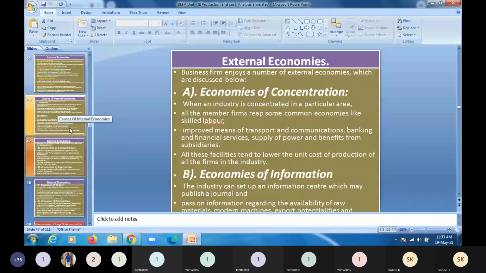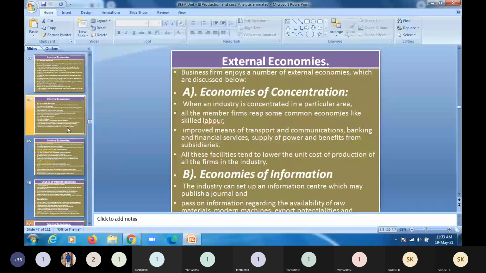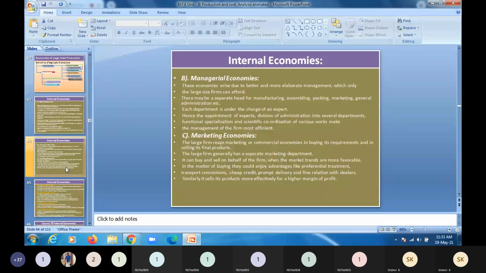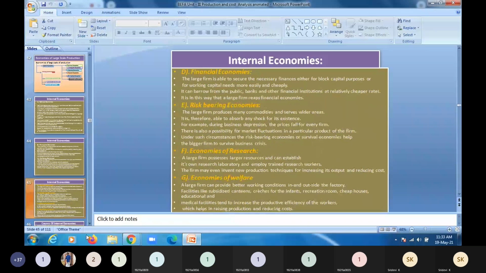And coming to the other advantage, financial. What are the financial advantages the companies will have? If the company is going to be in large scale, what happens? Everyone will come forward to provide finance, capital to the company.